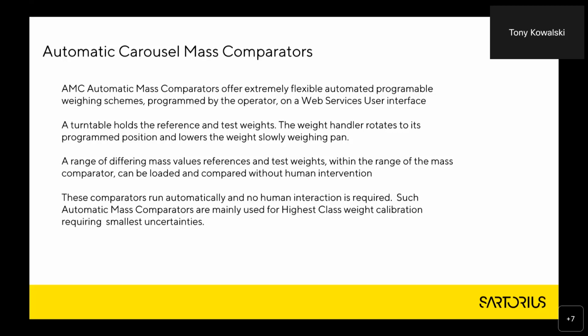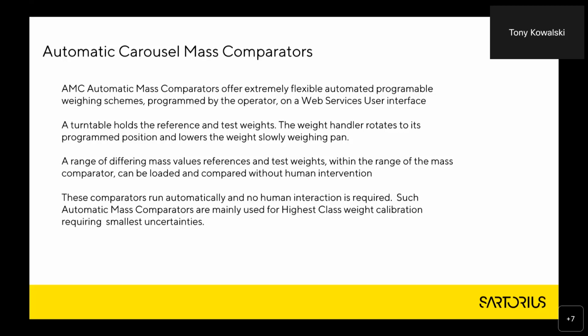So the turntable holds the reference and test weights. The turntable rotates to the program position because the mass comparator is sitting just underneath one position. It gently lowers the weight. So you've put all of your weights onto the carousel, told the mass comparator which weight is in which position.